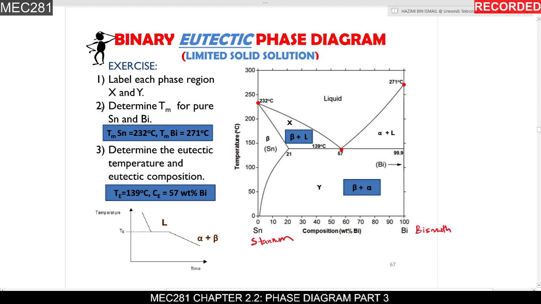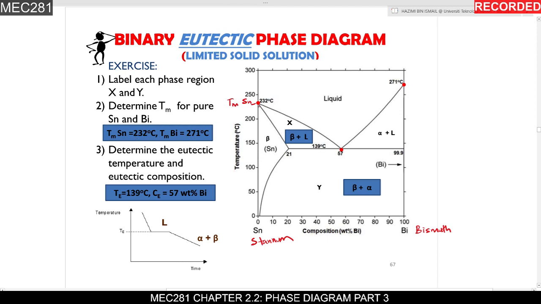Okay, so the second question is to determine the melting temperature Tm for pure tin and bismuth. Where the value of bismuth is 0, it is equal to 100% tin. So this is the pure tin, this line. That particular point is the melting point temperature of tin, around 232.